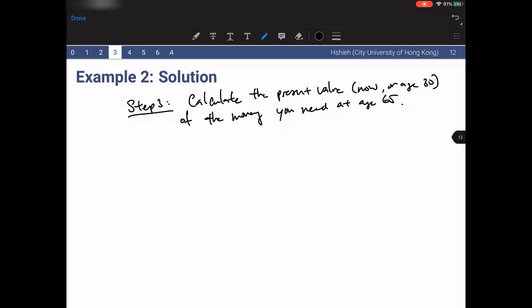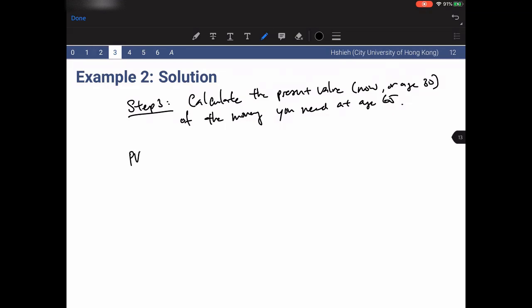As I mentioned before, we can take the present value of our retirement package at age 65 in real terms and discount it using the real interest rate. So let's do that.